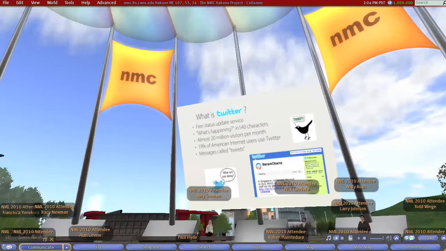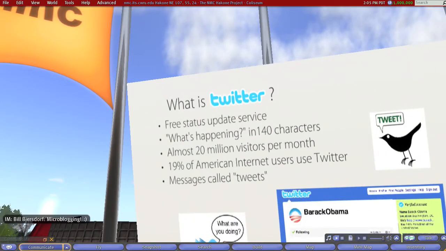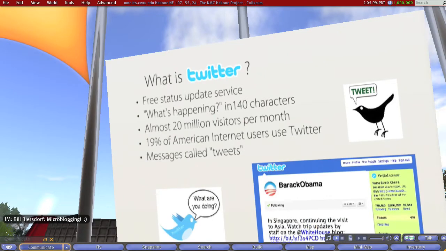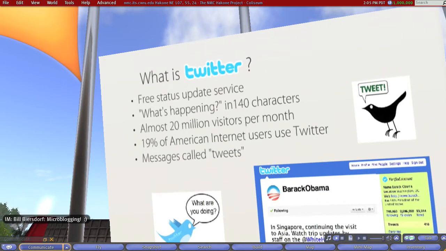So in 140 characters or less, they share the sometimes mundane events of their life. I'm sitting here petting my cat or whatever, and so we decided to use that vehicle because it allows for updates to happen in real time, and it also allows access to a large audience.